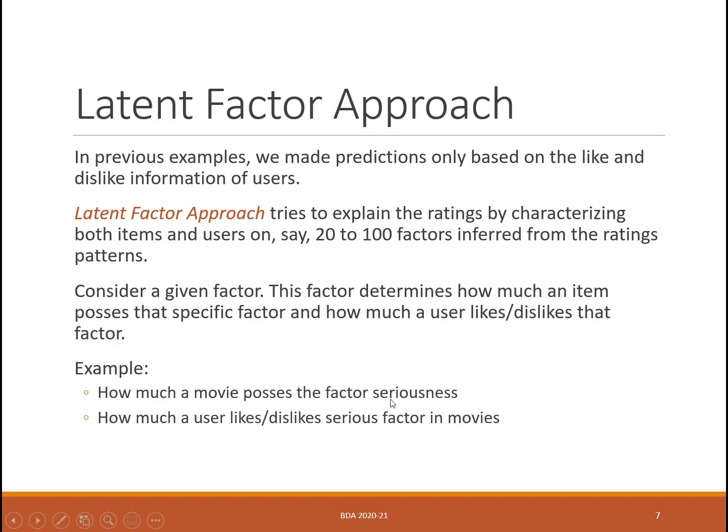On the other hand, users can express their interest in serious movies using a number, either positive or negative. Then this factor, along with any other factors, is used to predict the best matches between users and movies.